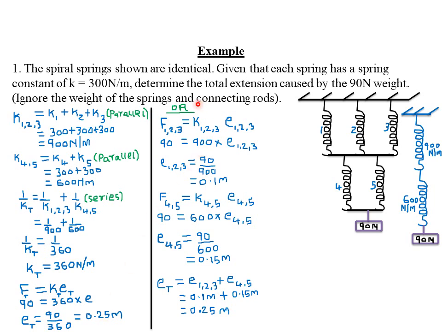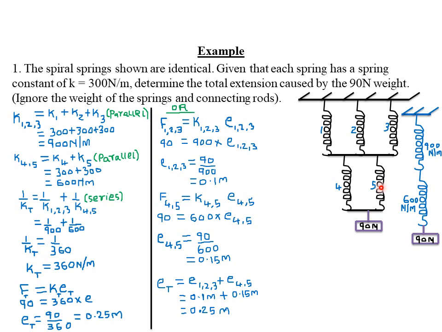We can also use another approach, that is the individual approach. So we talk of force: the force due to springs 1, 2 and 3 is equal to the spring constant due to springs 1, 2 and 3 times the extension due to springs 1, 2 and 3. So we find them individually, that is, we find the extension for springs 1, 2 and 3, then we add it to the extension for springs 4 and 5.